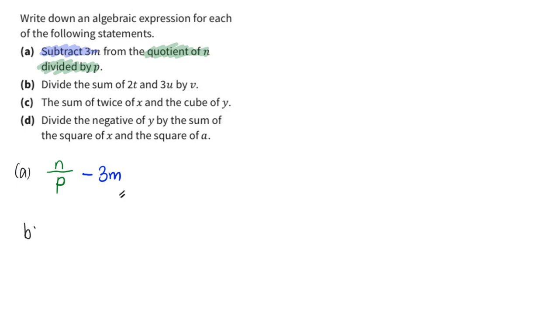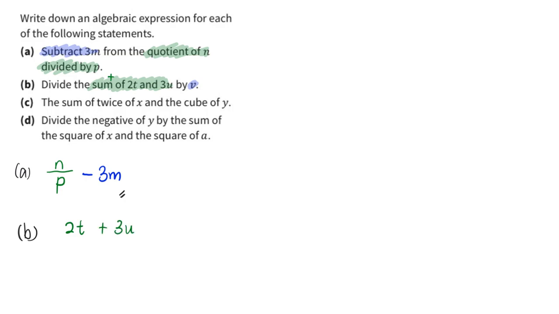Part B, divide the sum of 2t and 3u by v. So I must first have the sum first. So sum is plus, meaning 2t plus 3u.